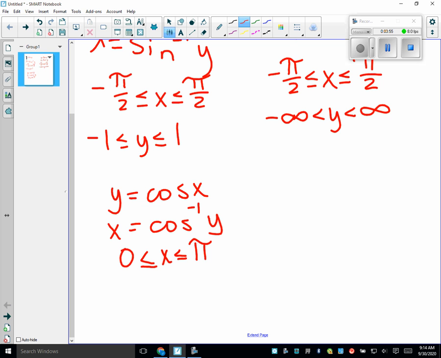Anybody want to venture a guess for the reason? Why does cosine use quadrant 1 and 2 instead of quadrant 1 and 4? Quadrant 1, cosine positive or negative? Positive.